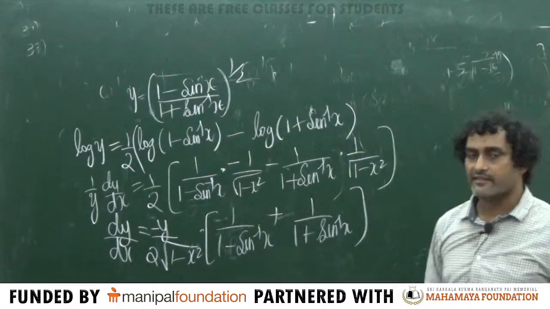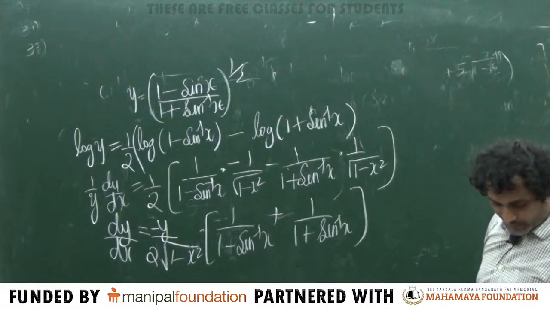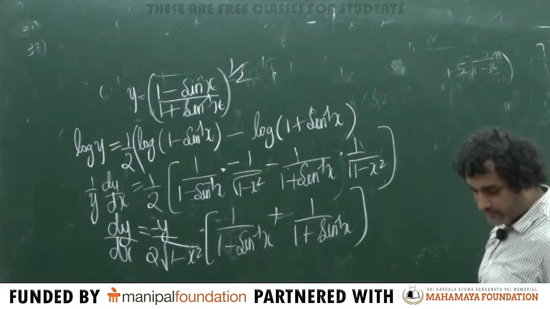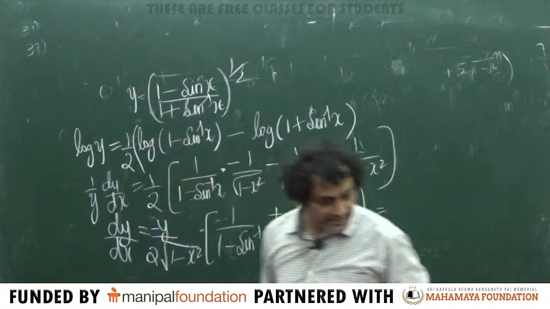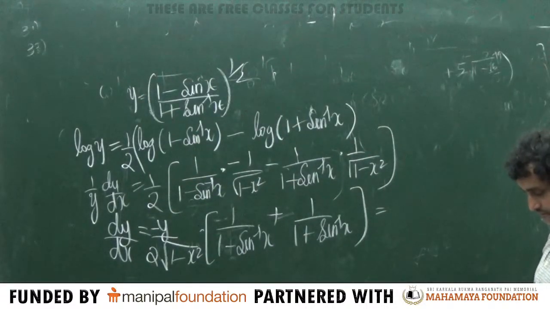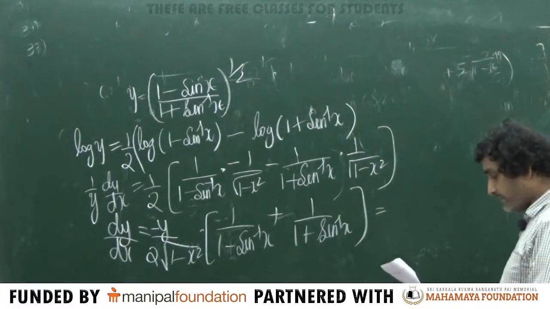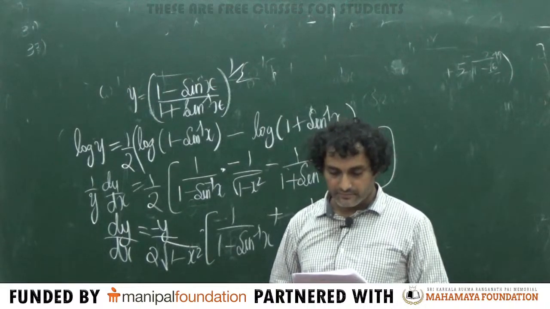Now what you do is, have they given the value of x and y? x is 0, y is 1, correct? So can you put that? Just put the value, you are done. y value is 1, right?